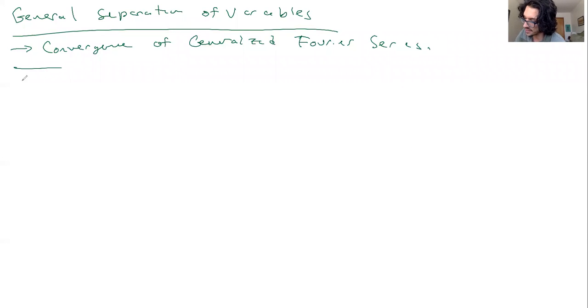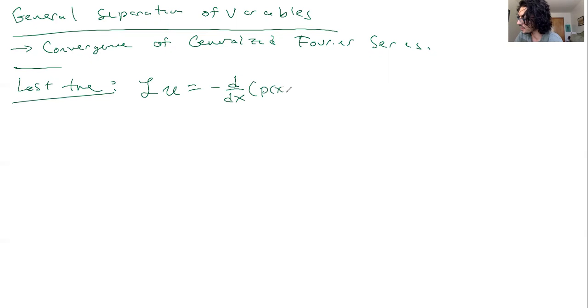So last time, let's just recap, depending on when you're watching this. Remember that we looked at linear operators that look like this, right? L is d/dx of p times du/dx plus q of x u is equal to lambda r of x u.